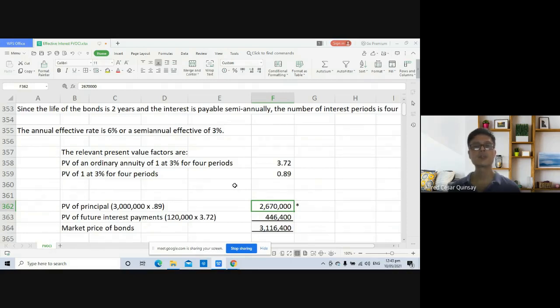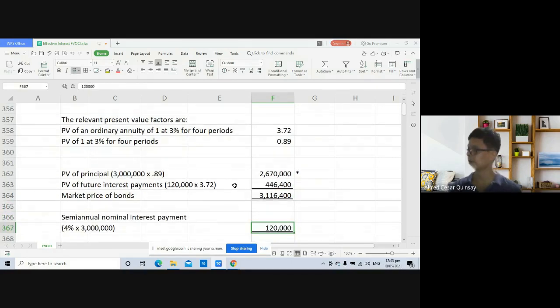Then inadd natin yung present value of future payments: 120,000 yung interest niya based on the nominal rate, times 3.72, so 446,400. So yung total market price is 3,116,400.